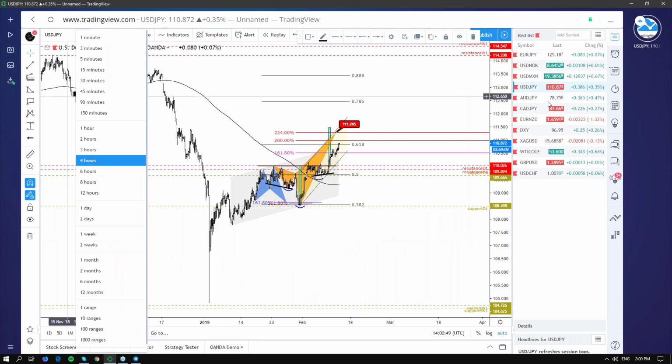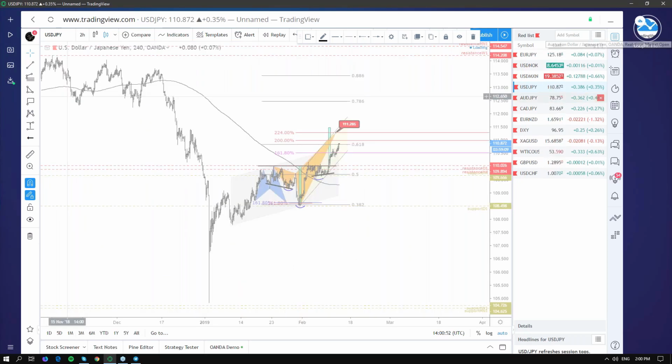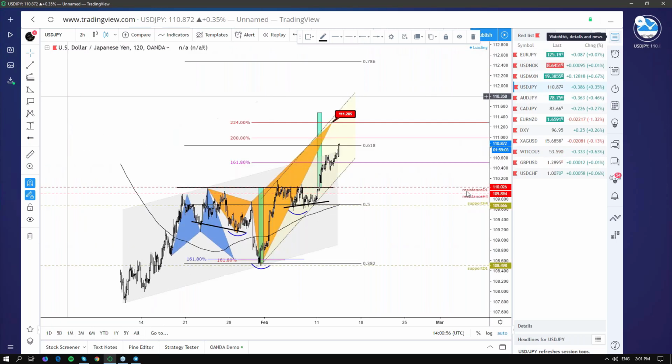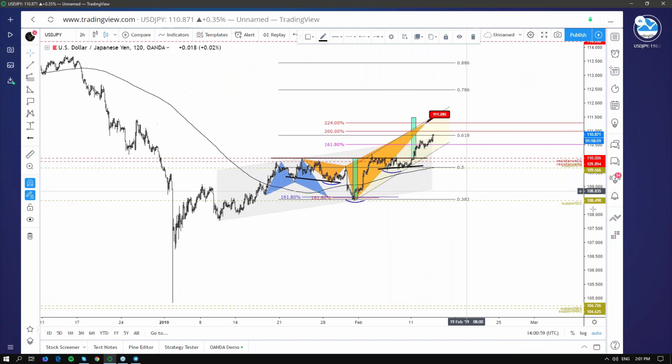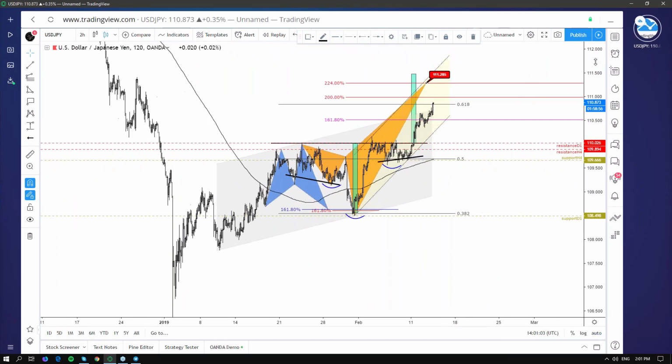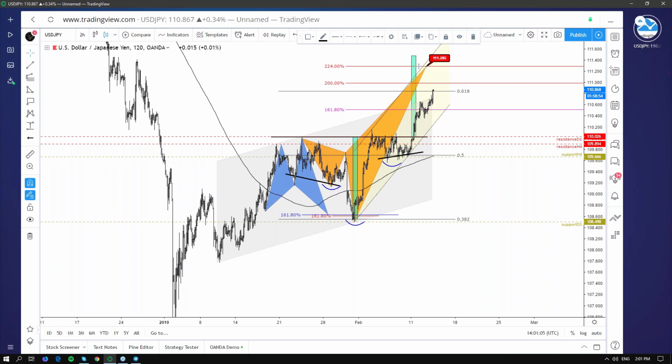This is the 2 hours time frame chart. I published this chart yesterday. The eventual shark pattern at 224 extension, 111.28, is not my target, but it's the level where the pattern will complete.